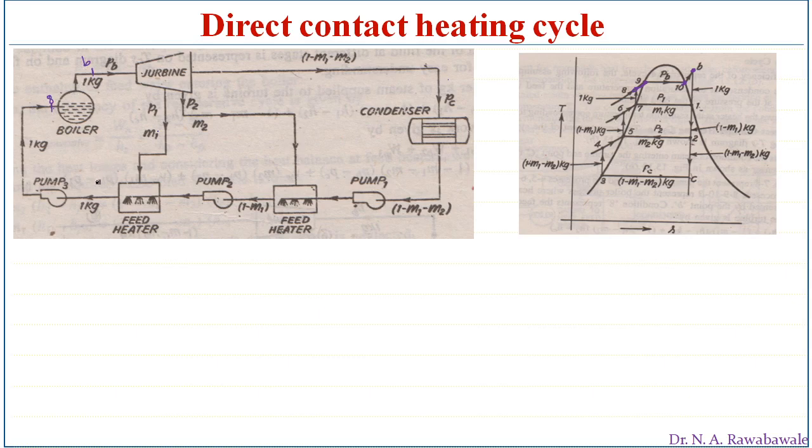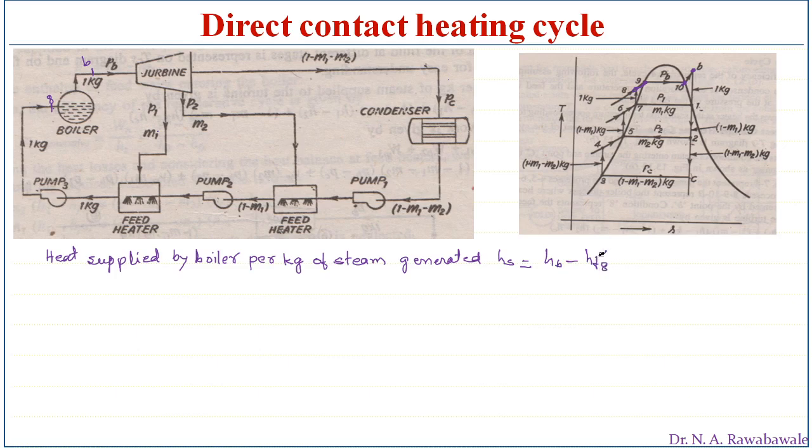Therefore the heat supplied by boiler per kg of steam generated is given by HS is equal to enthalpy at point B minus enthalpy at point 8, that is HF8.